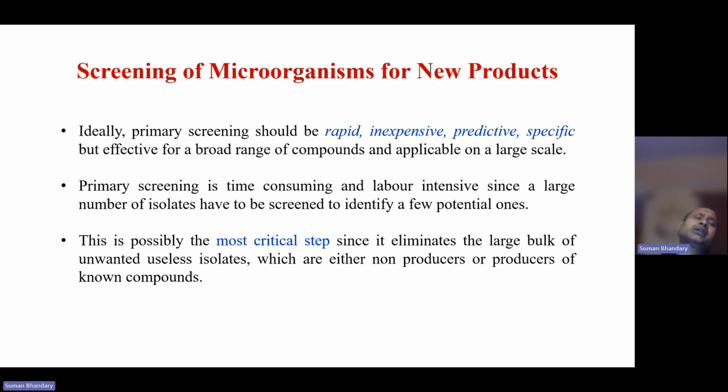Now, the screening of microorganisms for new products. Using these techniques, a set of highly selective procedures allows isolation as well as detection of microorganisms producing the desired metabolite. The process is known as primary screening. Now, what type of methods do we use in this primary screening approach?